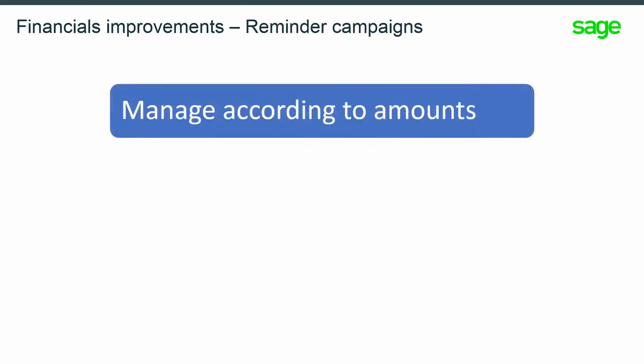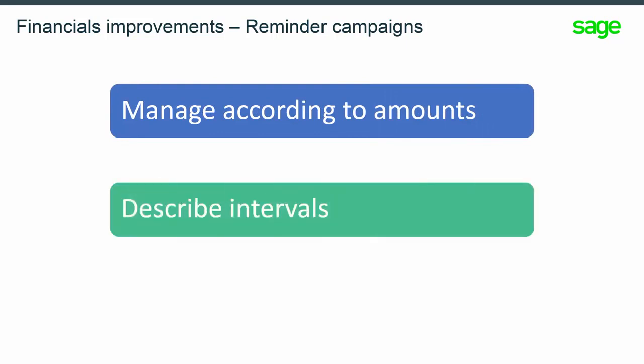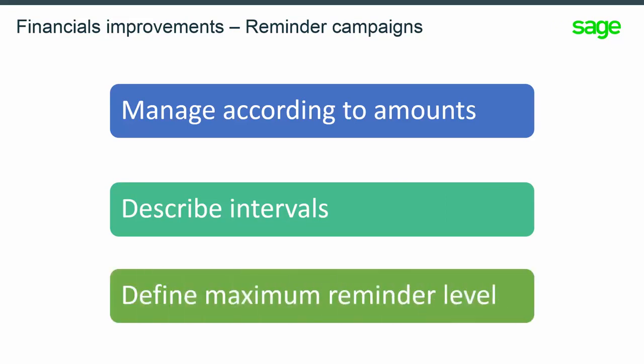The reminder campaign has improved with a set of new functionalities so that processes are more flexible. For example, you can manage reminder charges according to amounts, describe reminder intervals that define a cycle for an open item to appear in the reminder proposal and the reminder letter, and define a maximum reminder level for an open item.